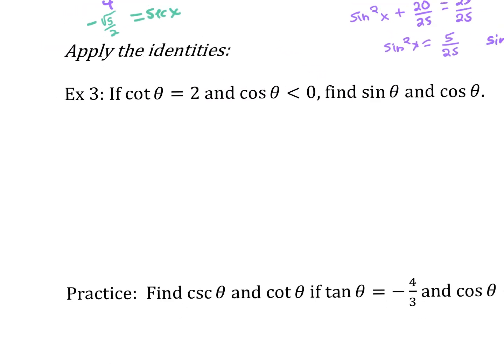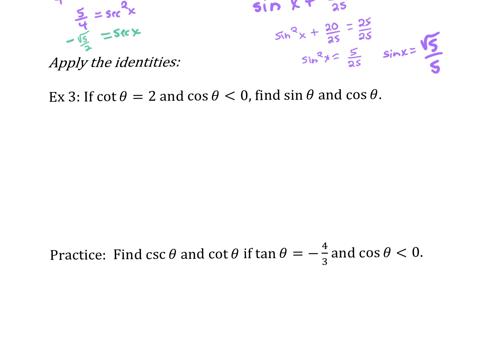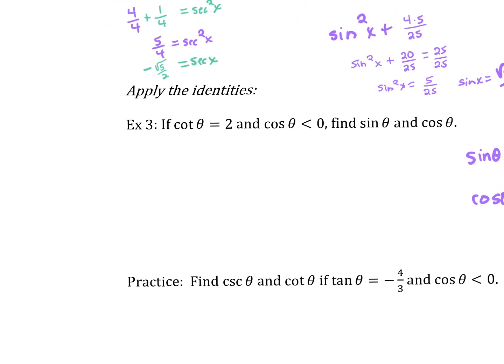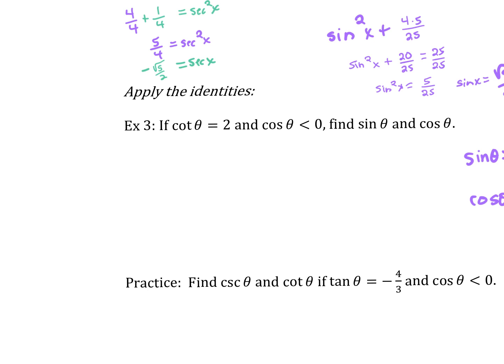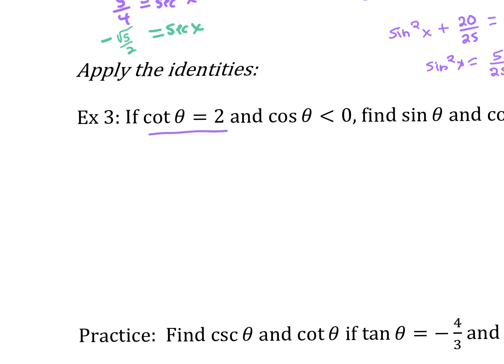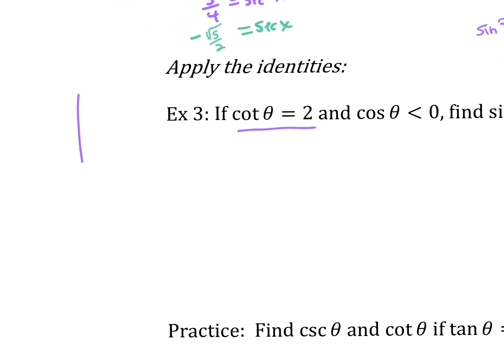First thing to decide, notice we are only looking for sine and cosine on this one. And you are not being told specifically which quadrant you're in, you have to decide. So think about what this is saying. This is saying cotangent is positive.